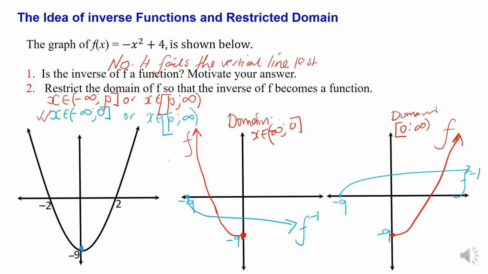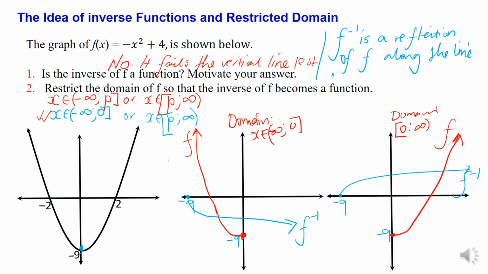The inverse is the reflection of f along the line y is equal to x. And this reflection is done by swapping coordinates. (x, y) becomes (y, x). That is the relationship between them.